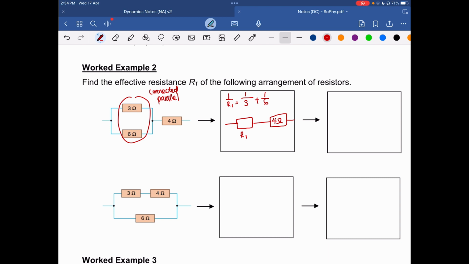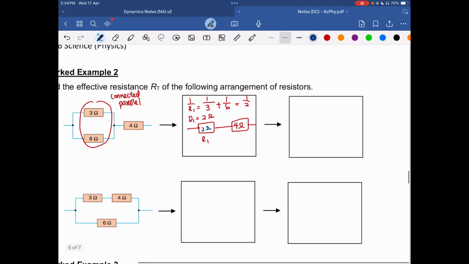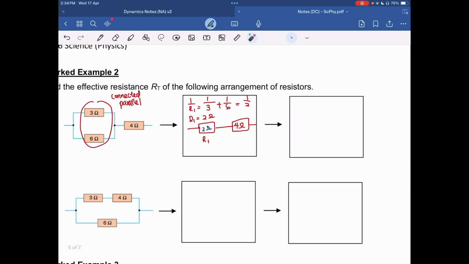Okay, 0.5, right? But that is 1 over R1. So R1 will be 2 ohms. Since there are two of which in a series arrangement now, this is the same as if I sum up the resistance together. So the effective resistance here will be 6 ohm.